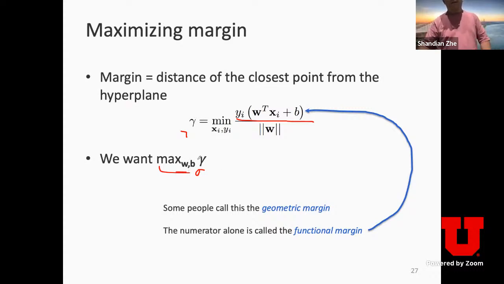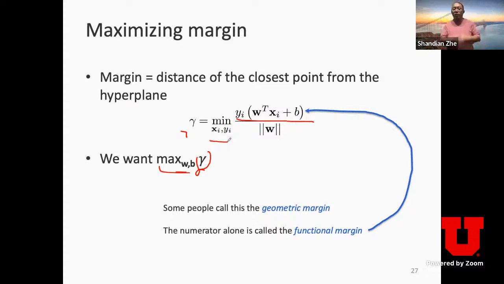But in the inner level, to get this gamma as a continuous function of W and B, you need to first do some discrete optimization. Why discrete? Because you need to go over every data point, compare their distance to the hyperplane, and pick up the smallest one. This is discrete. So typically solving this is pretty hard, and people don't want to directly deal with that.